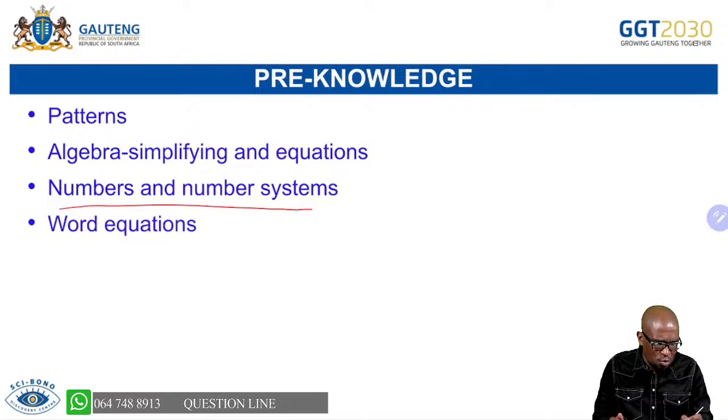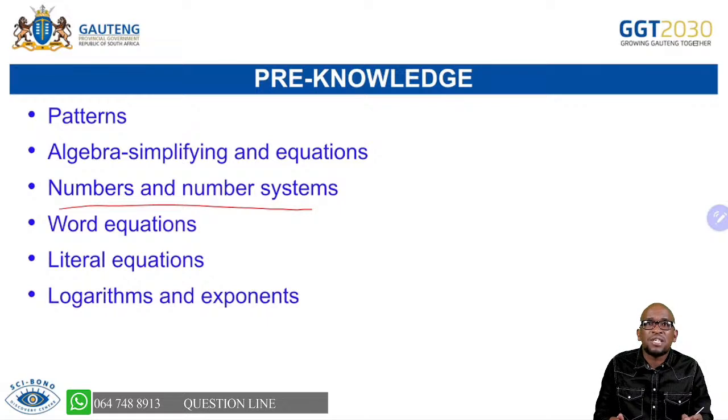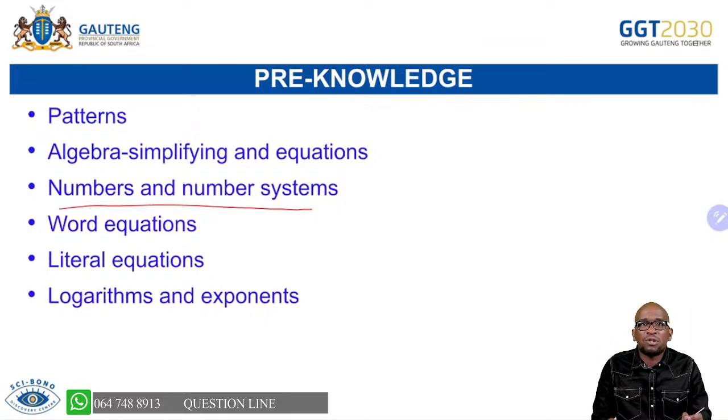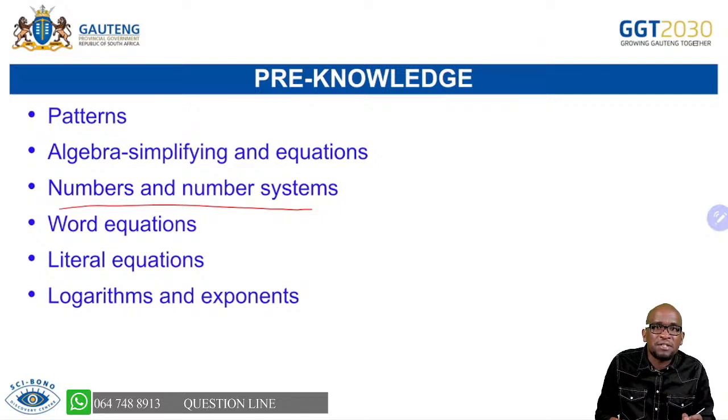Now, also word equations, literal equations, logarithms and exponents. You should be able to calculate n if you are needed to calculate n there using the geometric series formula. So it would demand of you to also at times make use of exponents or make use of logarithms.